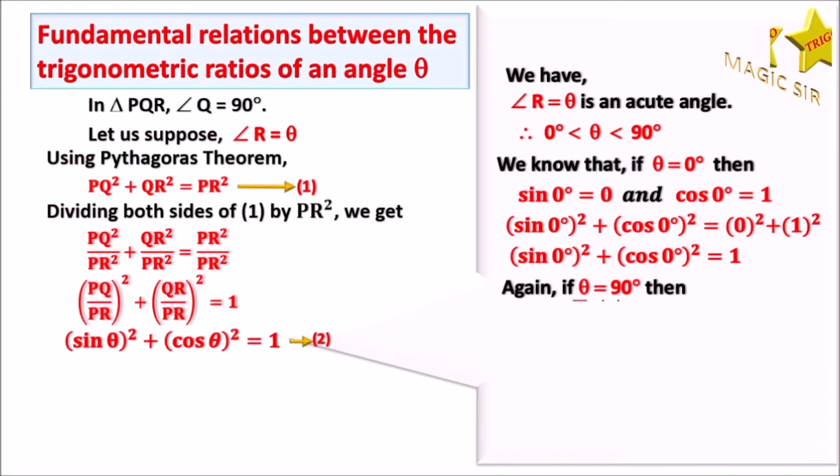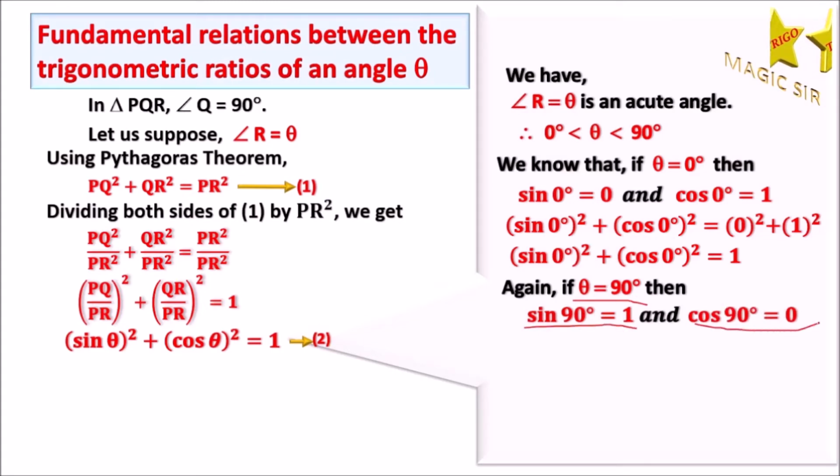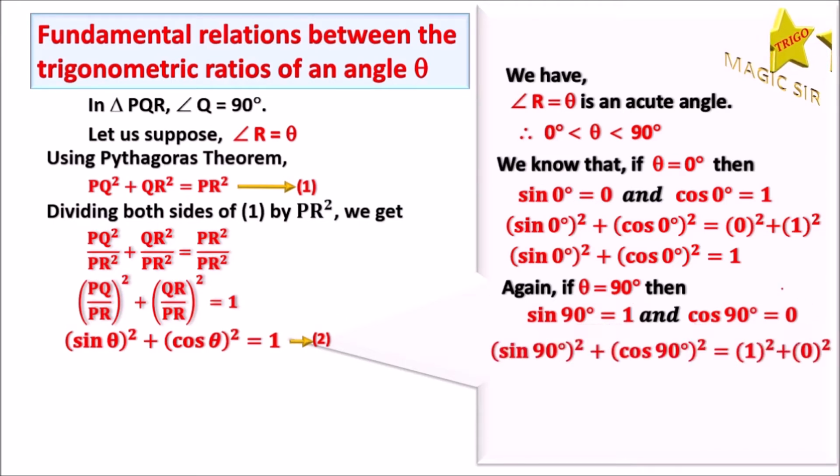Again, if theta is equal to 90 degrees, then sin 90 degrees equal to 1 and cos 90 degrees equal to 0. So from the left hand side of equation 2, theta is equal to 90 degrees.